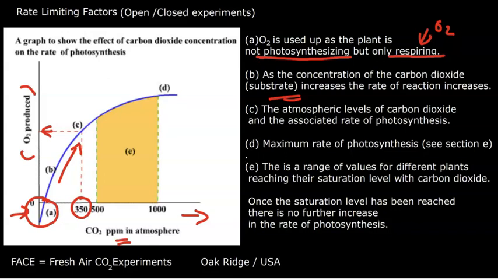But the graph suggests that should we increase the concentration of carbon dioxide to these levels here, then we can actually start to increase the rate of reaction even further. So this suggests that photosynthesis could be faster with higher atmospheric levels, which of course has interest within the context of climate change.